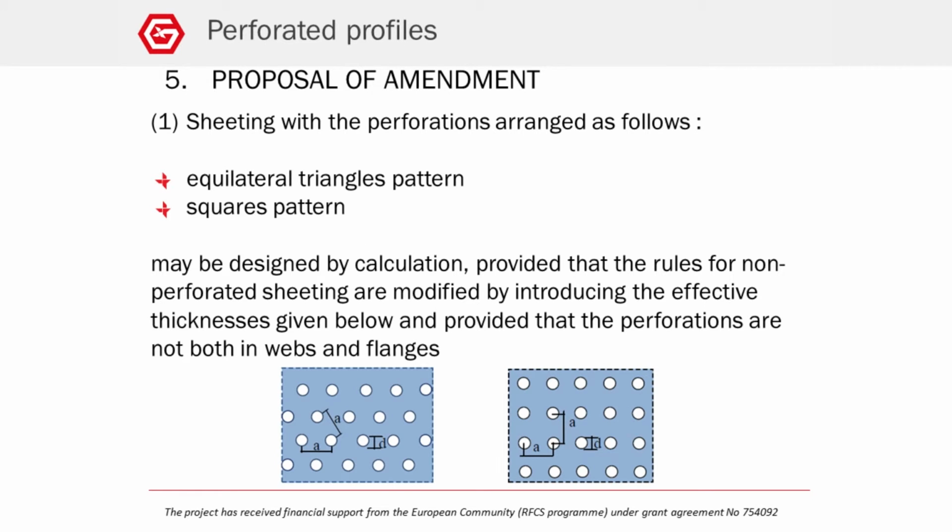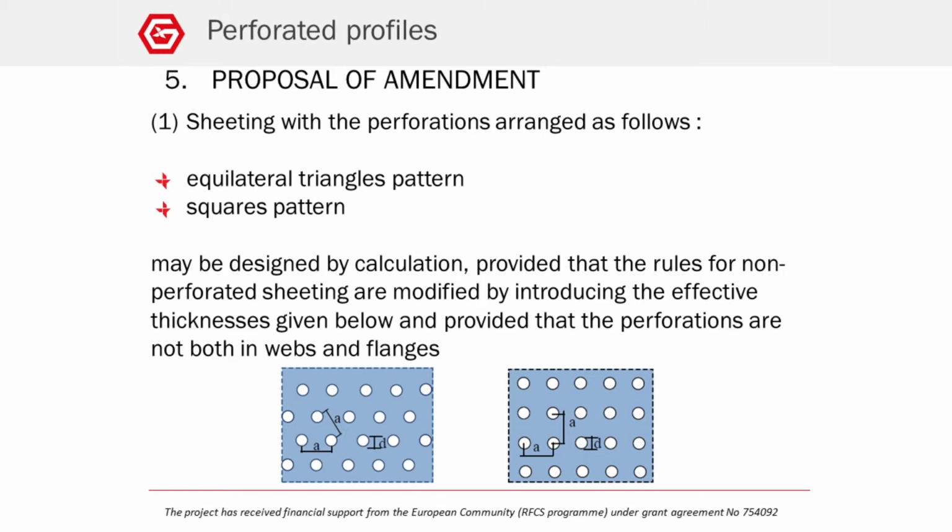These results have allowed us to submit an amendment proposal on Eurocode 313, consisting in replacing the 10.4 clause by another one dealing with perforations arranged in the shape of equilateral triangles and in the shape of squares.